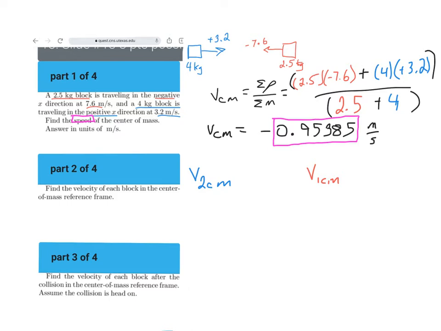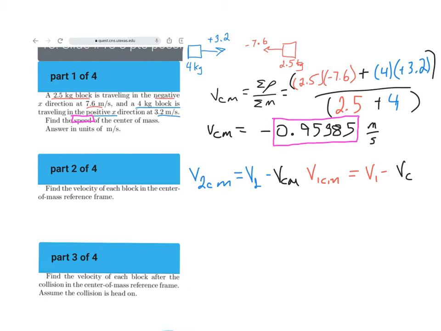All we have to do is subtract out the velocity of the center of mass. So V2 cm is equal to V2 minus VCM, and on the other side, V1 cm would be equal to V1 minus VCM.